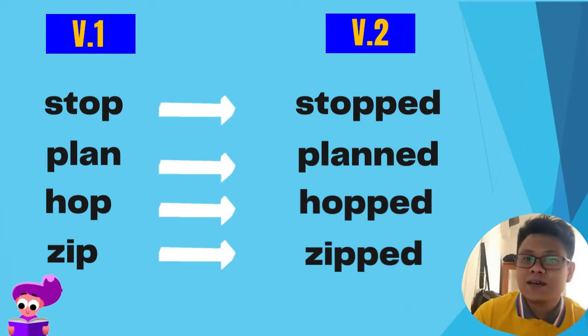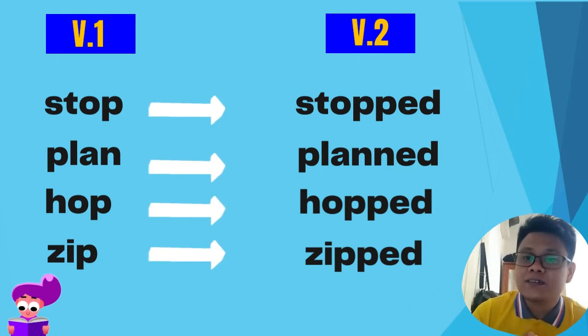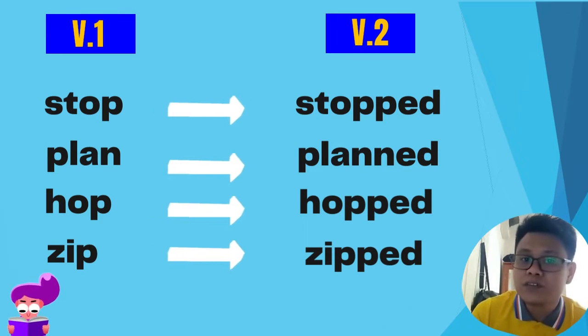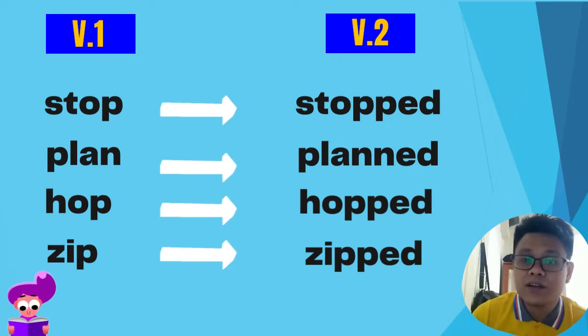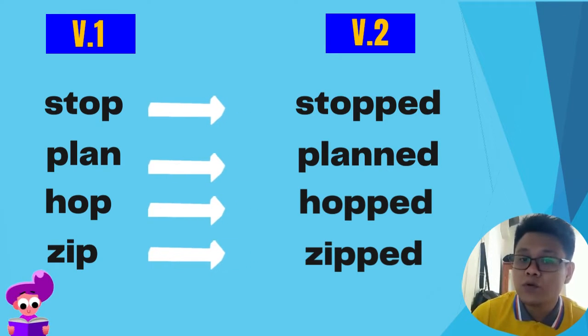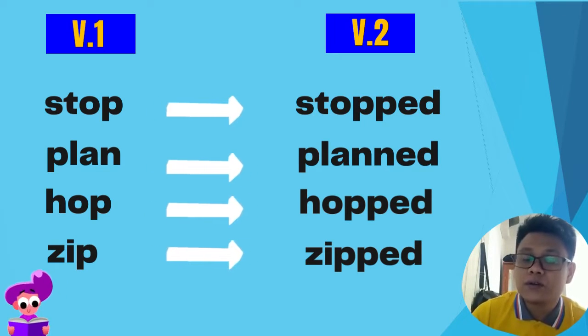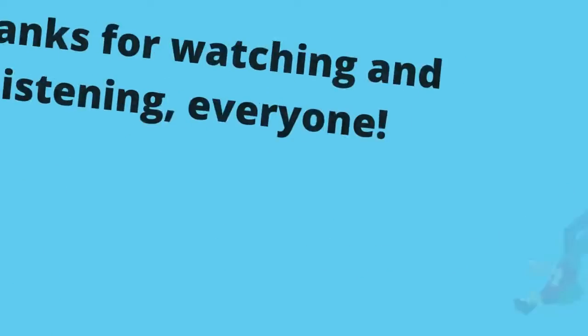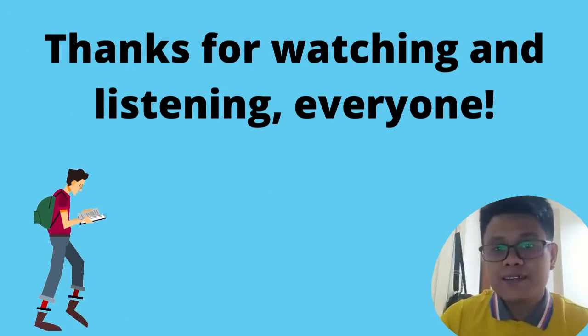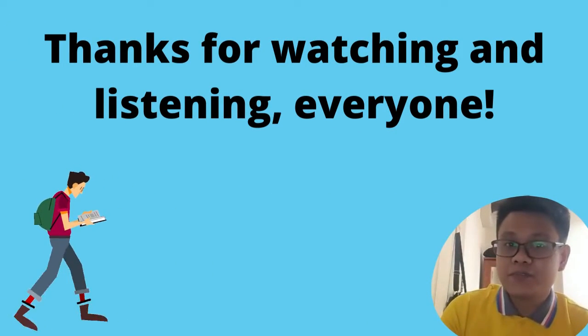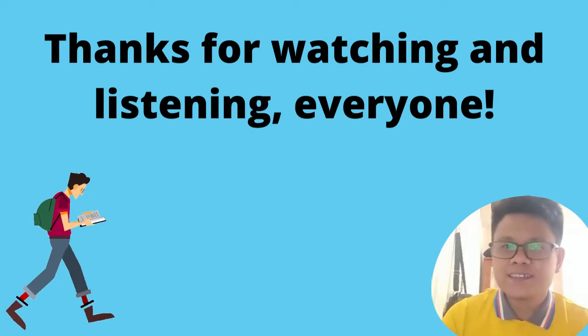So these are the important rules of the regular verb. Rule number 1, rule number 2, rule number 3, and rule number 4. So I think that's all for today, grade 6 students.